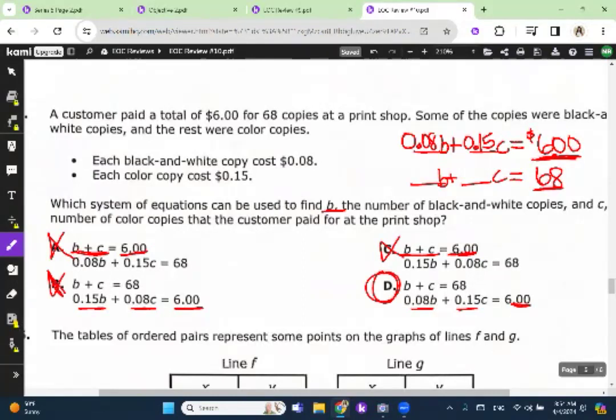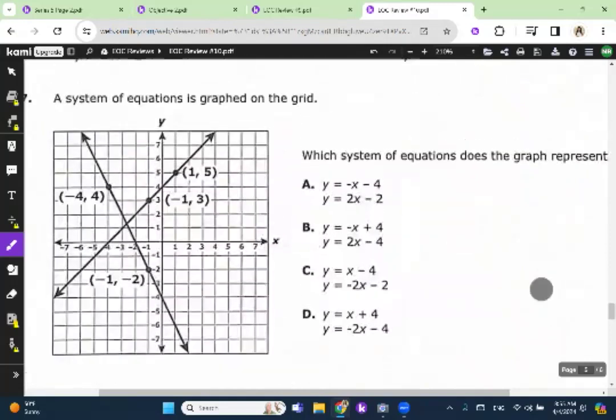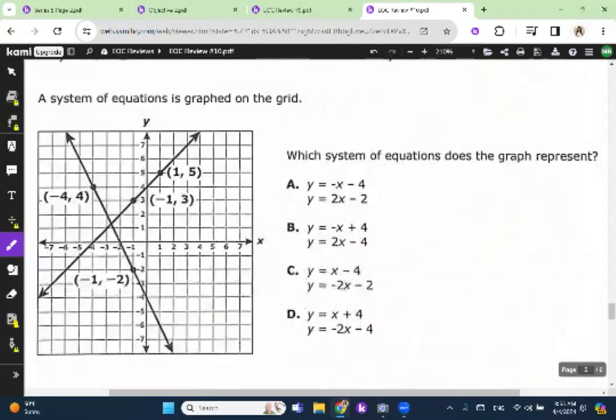Okay. Number 16. You have 2 lines and they just want you to find the equations of those. Put both of them into stat edit and it'll match up with one of your answer choices. No need for a whole lesson on that. It says, which system of equations does the graph represent? What's the whole point of a system?